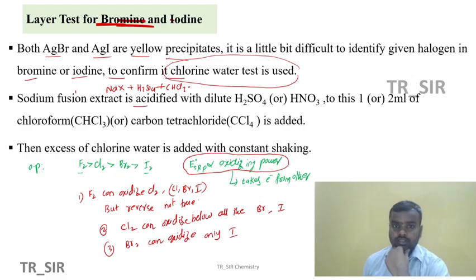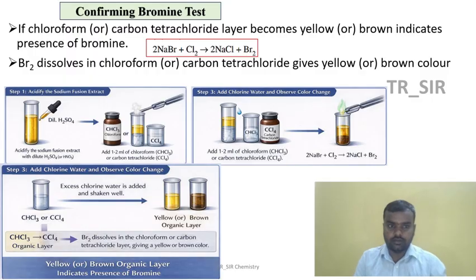Then we shake constantly. Suppose I have taken this beaker with chloroform, sulfuric acid and the solution of the halogen compound. When you start shaking, at some point one layer will form. Let us see how the layer forms.